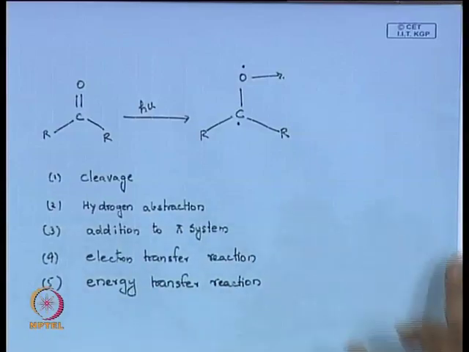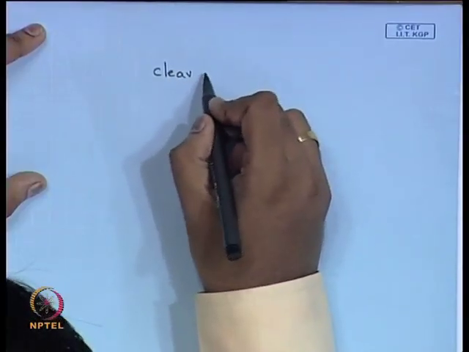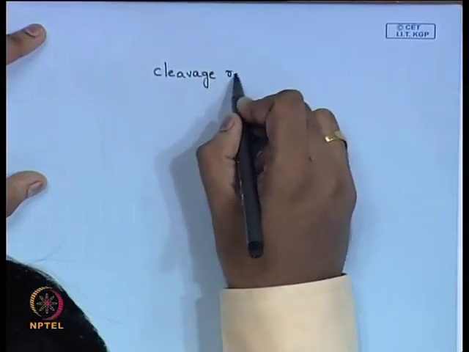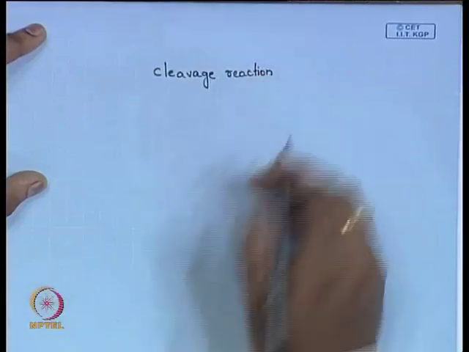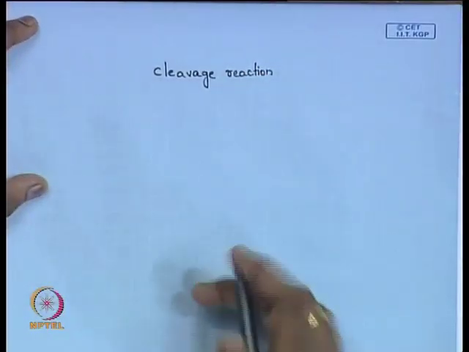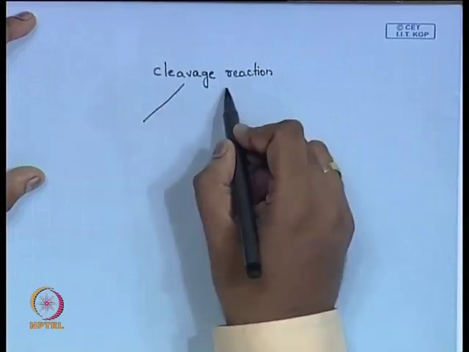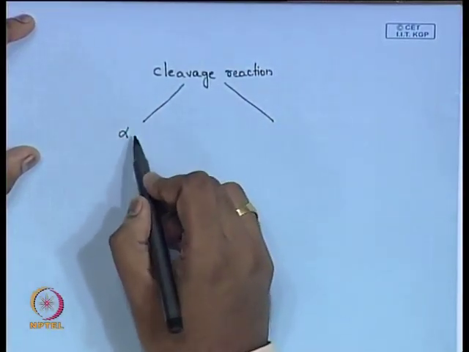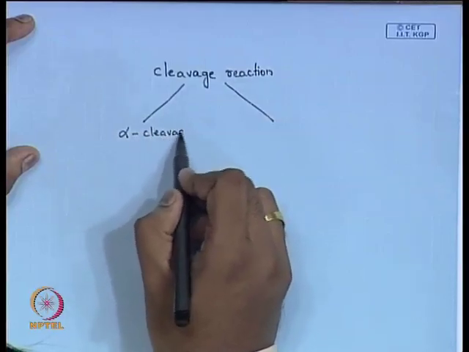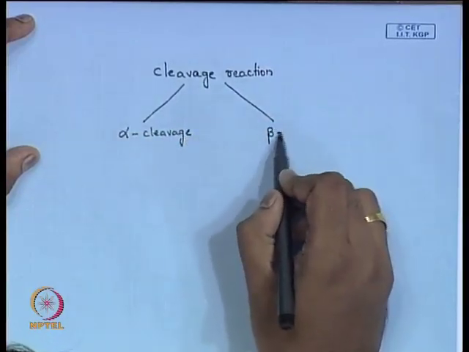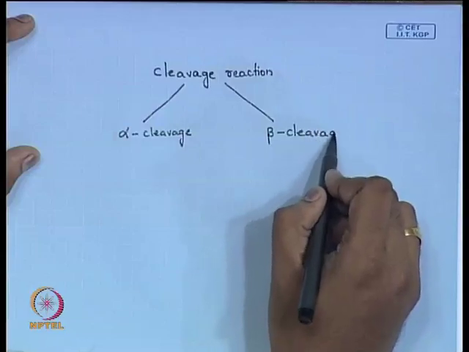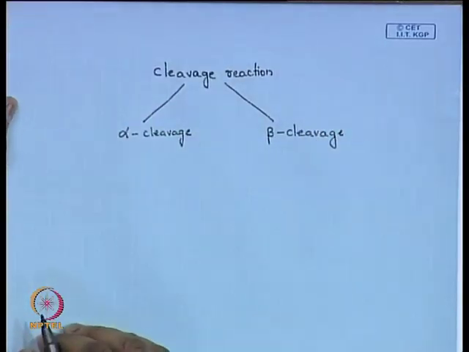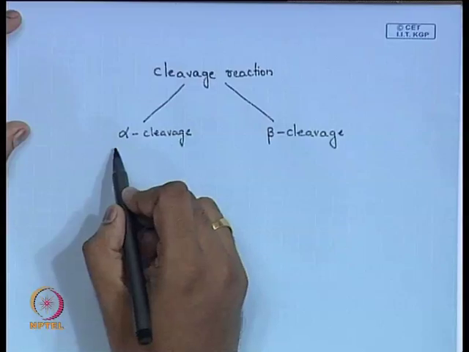Fine. So in that we started what? First we said we will do one by one. Initially we took the cleavage reaction. We said that we are going to study 2 types of cleavage. One is alpha cleavage, another is beta cleavage. In alpha cleavage, how did we divide?